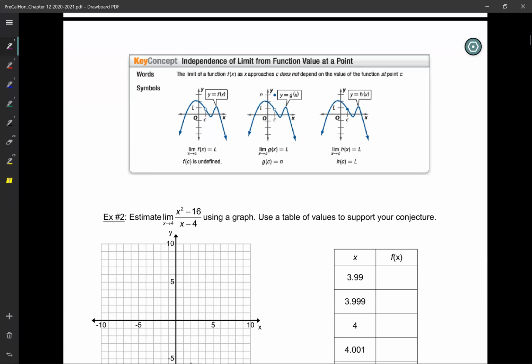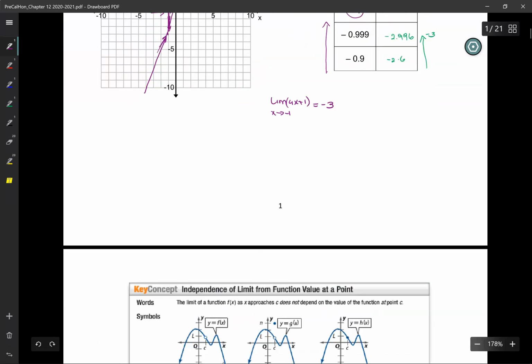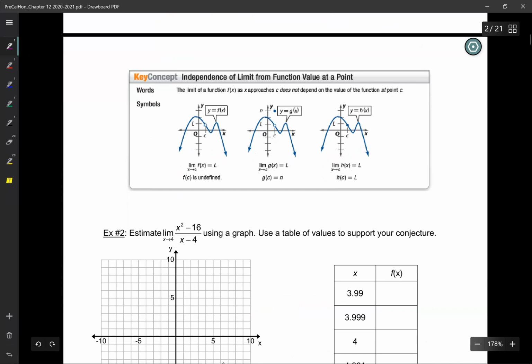All right, so there are 3 situations, 3 cases that we might come across. One case is this: the limit as x approaches c of a function is some number, but the value at that point doesn't exist.